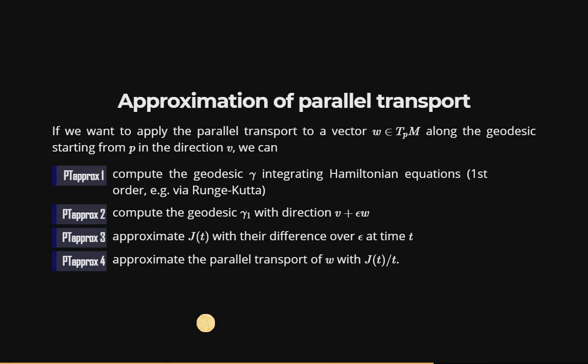This works for small t's, obviously. If you want to use this algorithm for a not infinitesimal parallel transport, you need to repeat this process at every step, and you want not to accumulate too many errors.